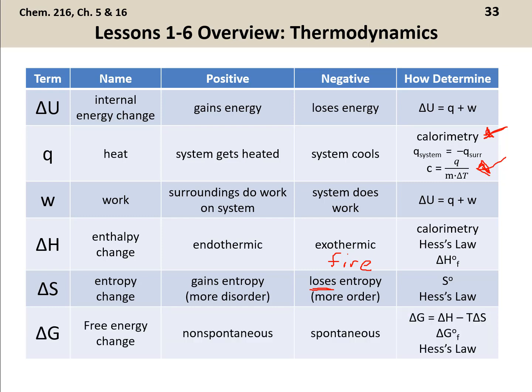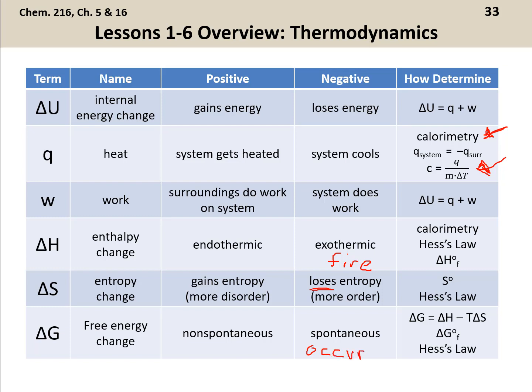And then finally, we talked about delta G. Delta G is free energy change. The G stands for Gibbs free energy. And remember, delta G tells me whether something's spontaneous or not. If delta G ends up being negative, that means it's spontaneous. That means it's just going to occur.